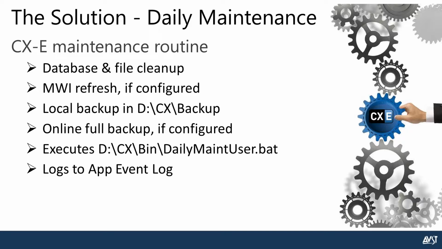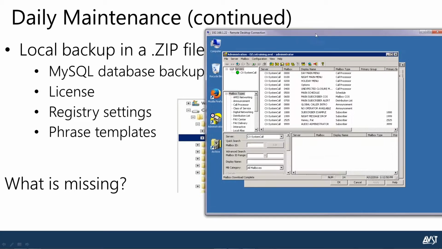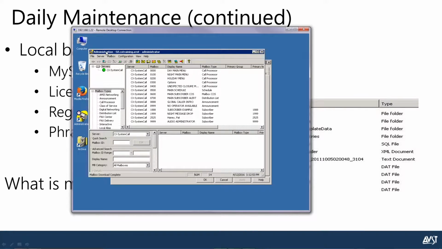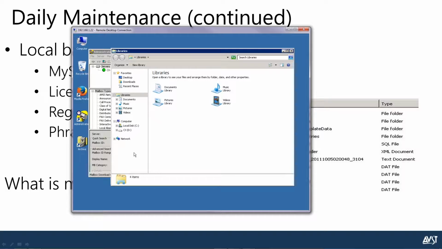And then there's a batch file, which doesn't exist by default. It's called dailymaintuser.bat. This is just a simple Windows batch file that you can have a number of different commands. You can literally have it do anything you want to do at that time. So after the system finishes its normal maintenance, it looks to see if this file exists.